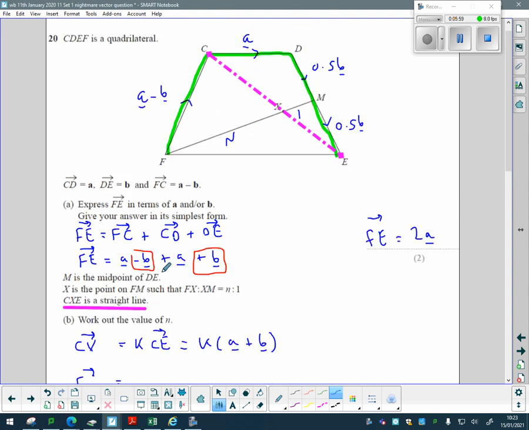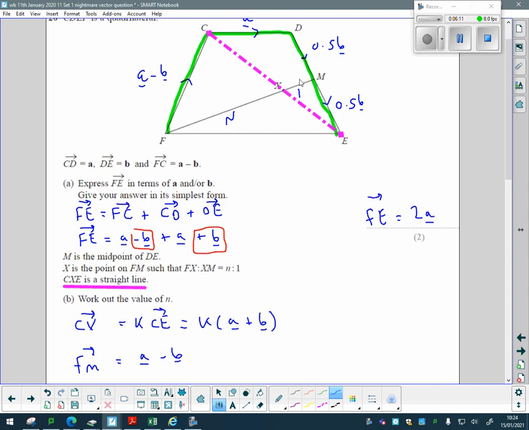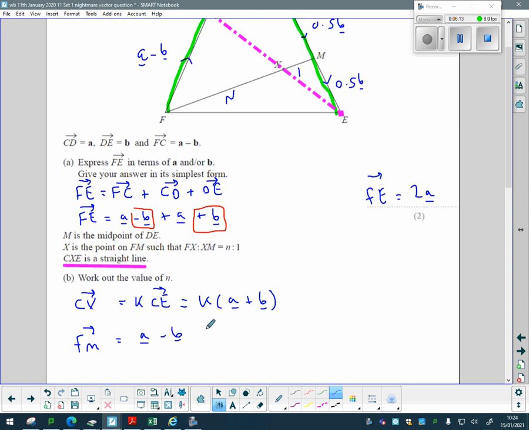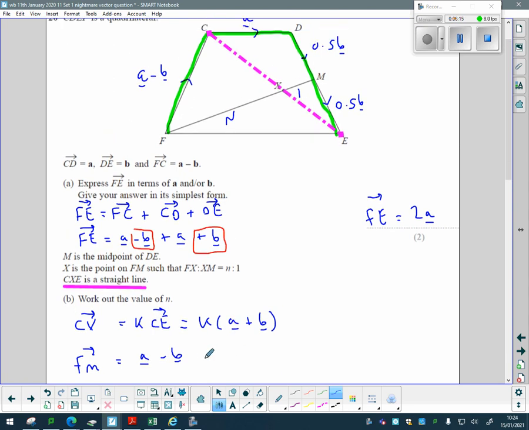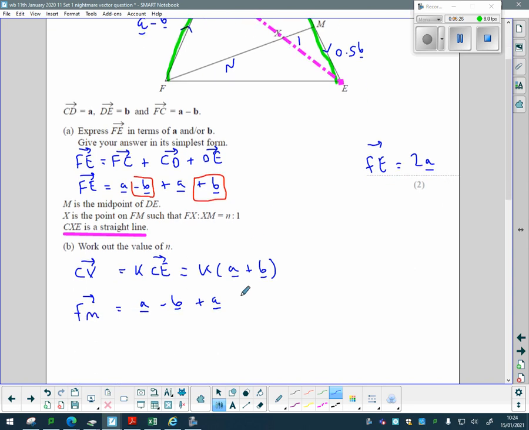So FM is A take B up there, across the top, so plus a CD, so plus an A, and then down DC halfway down at 0.5B.